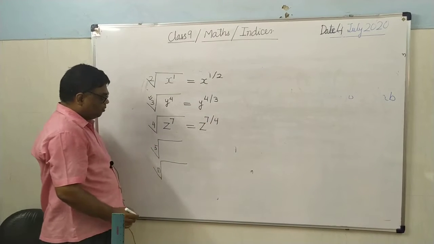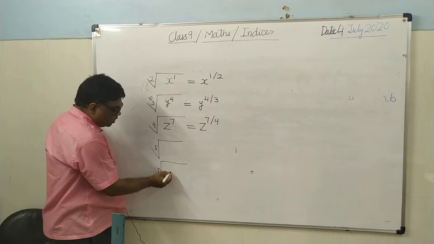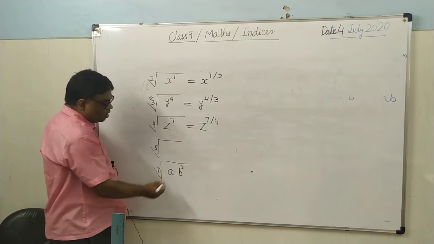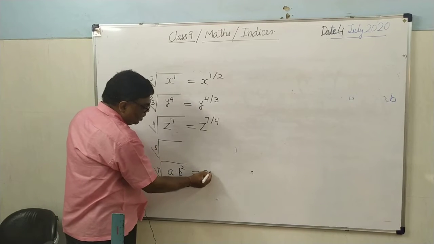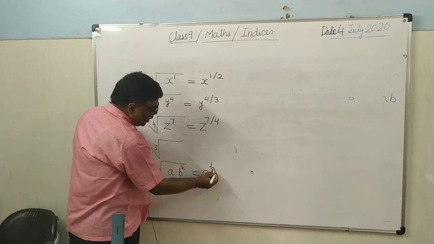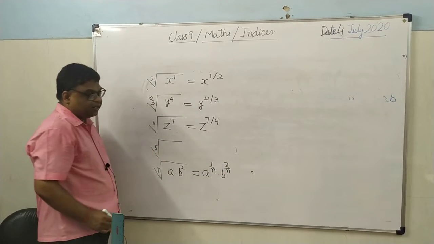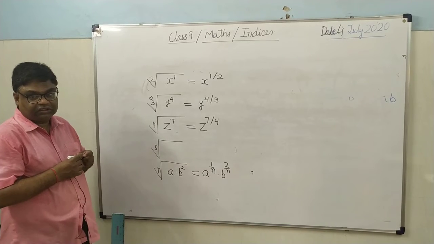Is it clear? If there is any term here, a into b square, when you open it, what will happen? It will go a to the power 1 upon n into b to the power 2 upon n. It will go in the denominator of the existing power.